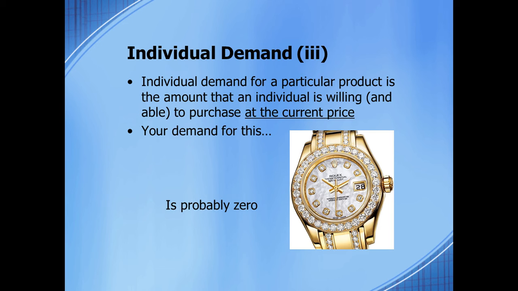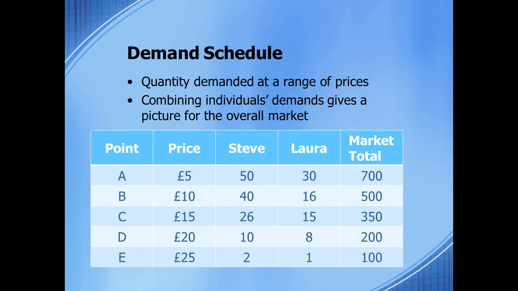There are 2 clients with different demands, and I think you can see that Steve tends to want more than Laura. But you can see that as the price decreases, they want more of the product, and as the price increases, they want less. And you can see this from the market total column. Note that the market total column is the overall market and not just Steve and Laura added together.